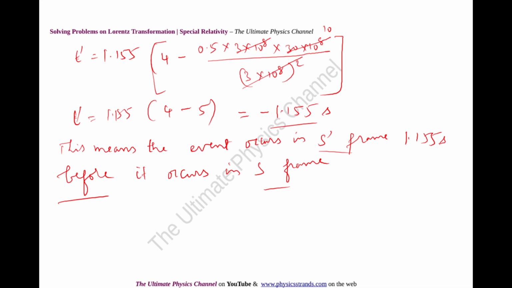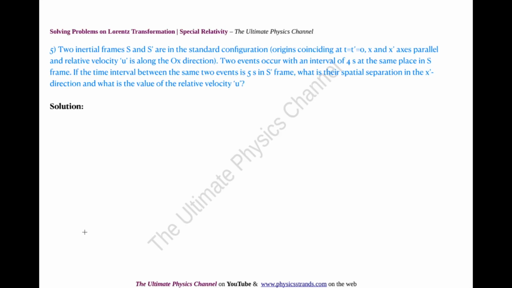So let's move on to the next problem, that is the fifth one. Two inertial frames S and S prime are in the standard configuration, that is, the origins coincide at t equal to t prime, the common x-axis is parallel, and the relative velocity u is along the OX direction.